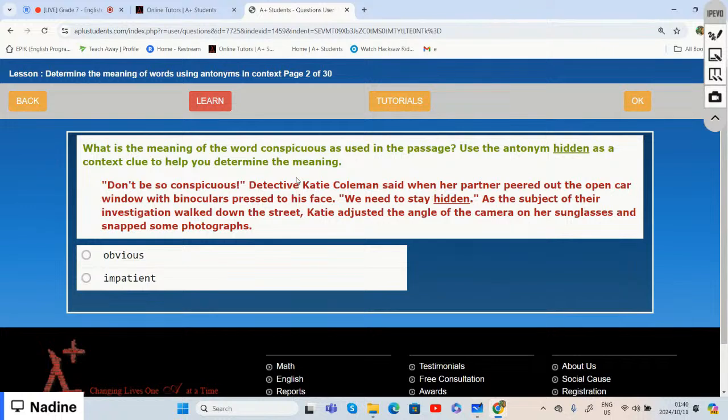As the subject of the investigation walked down the street, Katie adjusted the angle of the camera on her sunglasses and snapped some photographs. So now we need to find the meaning of the word conspicuous in the passage. Hidden, the opposite of hidden, is where it's not hidden, you can see.